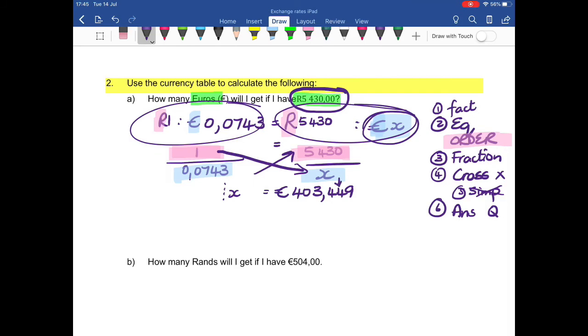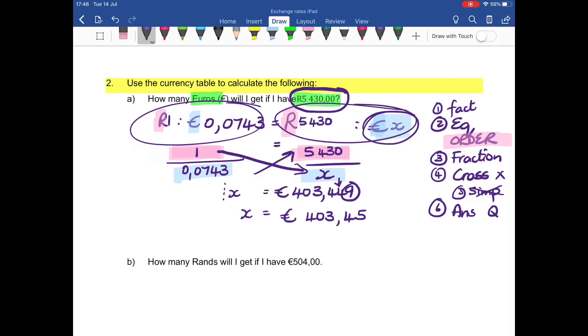I need to round off to 2 decimal places. Look at the neighbor, 5 or more, let it soar. So x equals 403,45 euros. So I will get 403,45 euros if I have 5,430 rand.